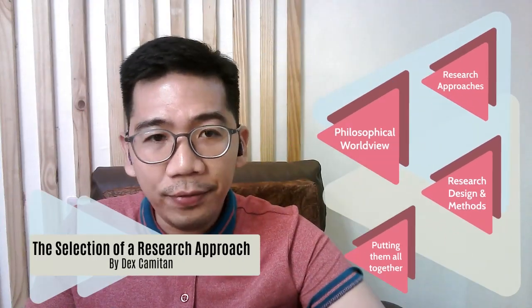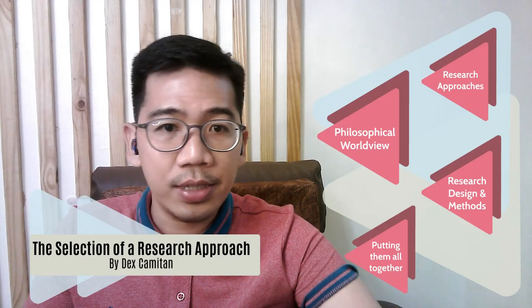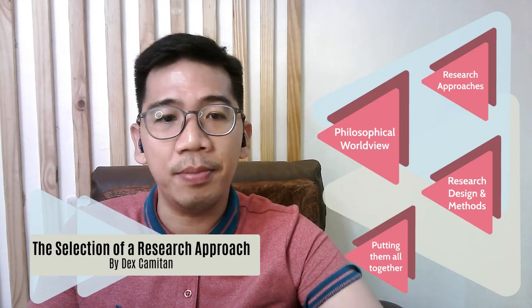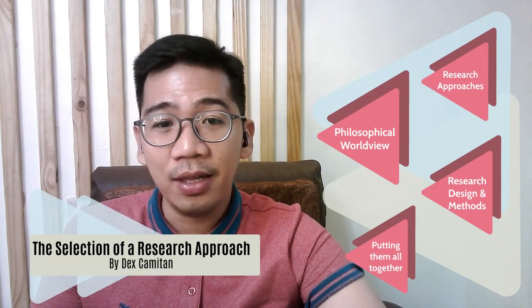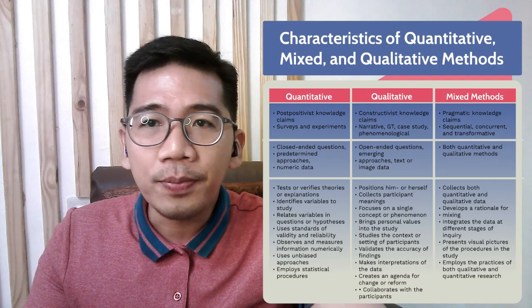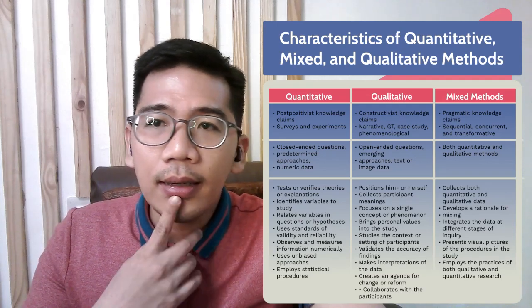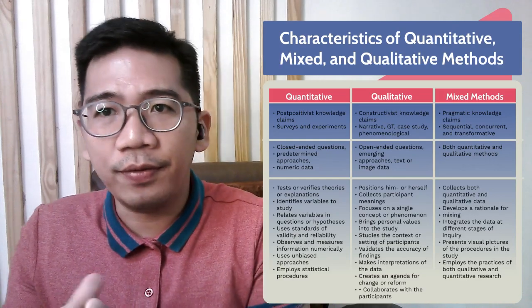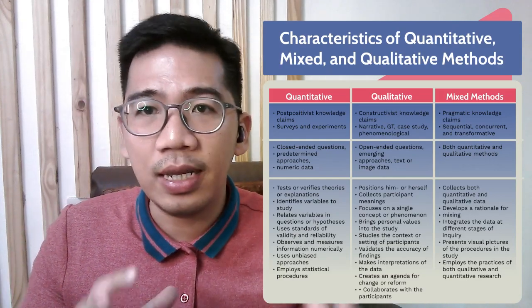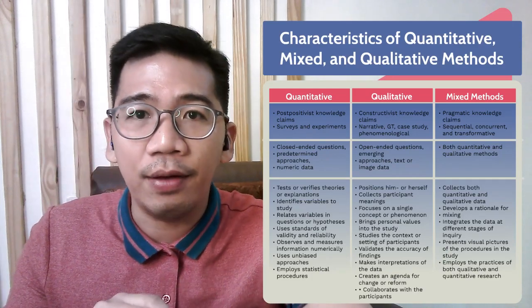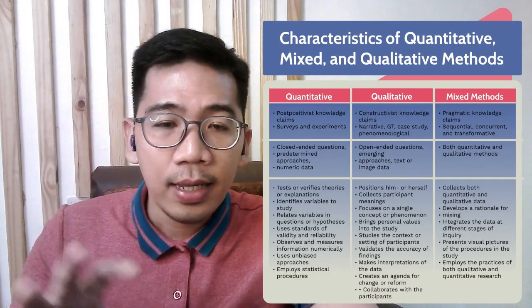So now that we have talked about research approaches, their philosophical worldview, their research designs and methods, I believe it's now time to put them all together. Based on the worldviews, designs, and methods, research tends to be quantitative, qualitative, or a mix of the two.